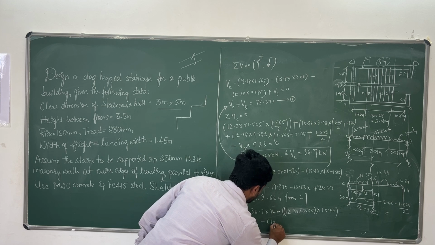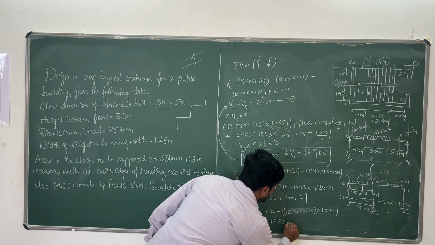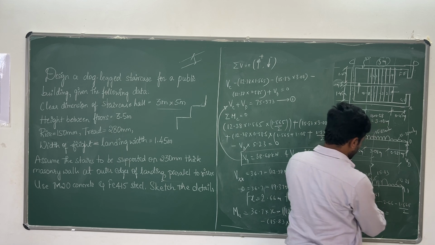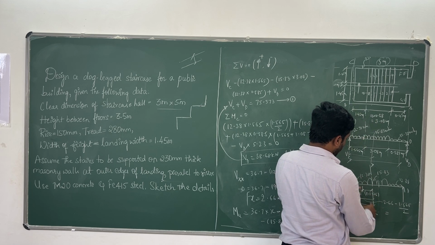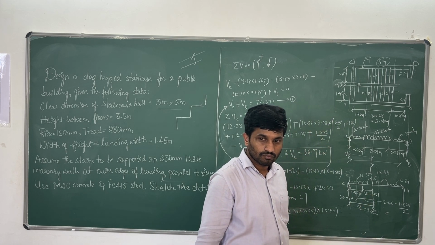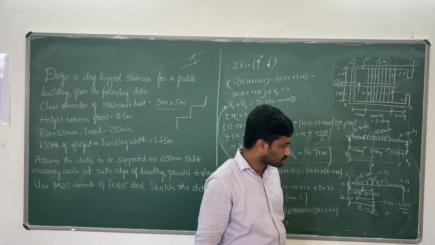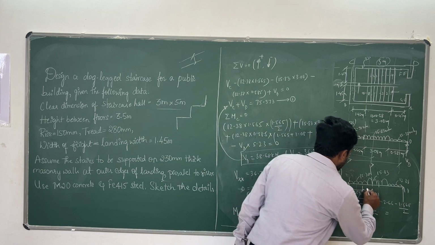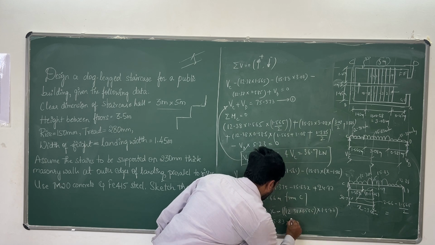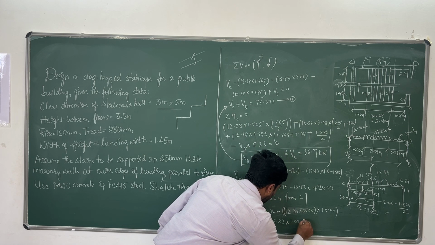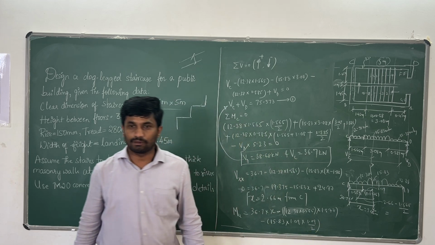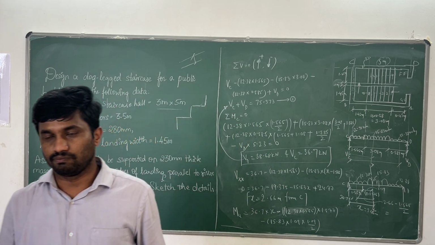The load is 15.83. What is the distance? 2.66 minus 1.565, the distance is 1.09, right? So 1.09 multiplied by 1.09 by 2.